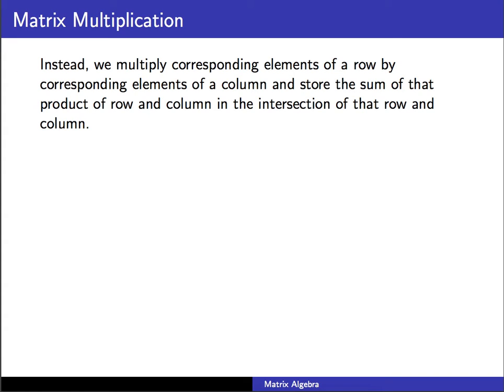Even writing this out, it doesn't really do it any justice because it's not very easy to understand. Matrix multiplication is one of those things where you just have to see it and see some instances of it and get familiar with it to the point where you can do it.